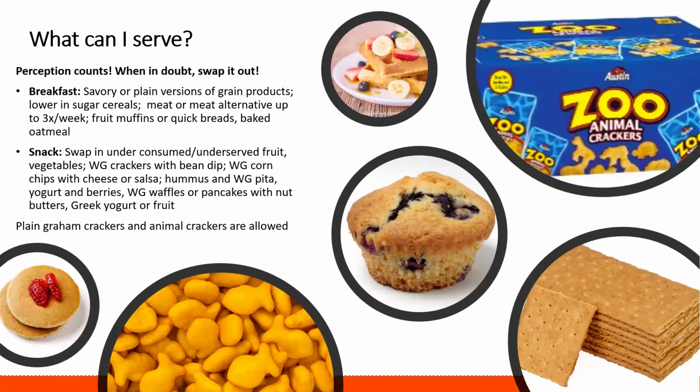You could serve whole grain crackers with a bean dip, or creditable corn chips with cheese or salsa. Yogurt and berries is a great snack. As you can see, there are several options besides grain-based desserts. And yes, plain graham crackers and animal crackers are allowed. That one has been debated, but those 2 items, which are very preschool friendly, we know are allowed.